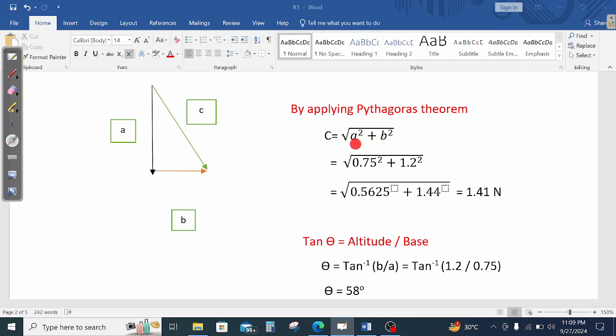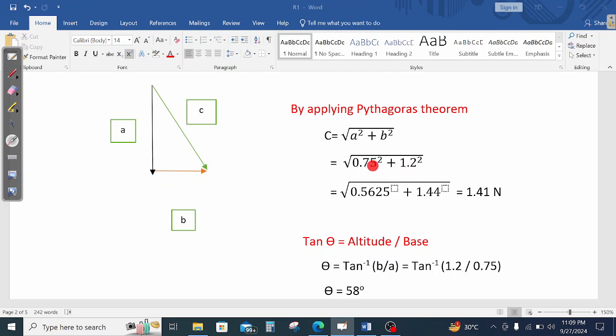A basically represents the tension in the thread, which is equal to the load attached. I have already told you in the question. So the value of A was 0.75 square, plus the value of B, that is the tension in the wire, 1.2.